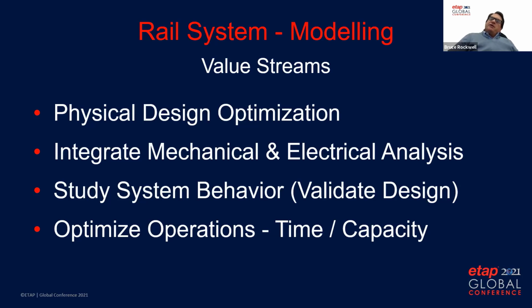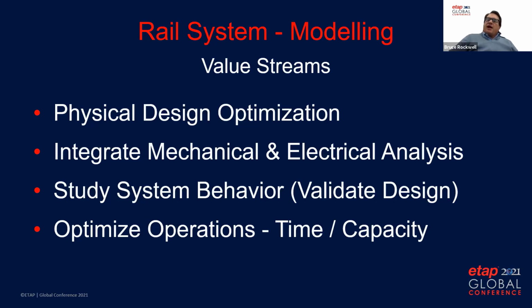And we can do a dynamic mechanical analysis that allows us to integrate the electrical tools within ETAP and study the electrical performance of the traction power system as well as the mechanical system. And we can do this analysis simultaneously.